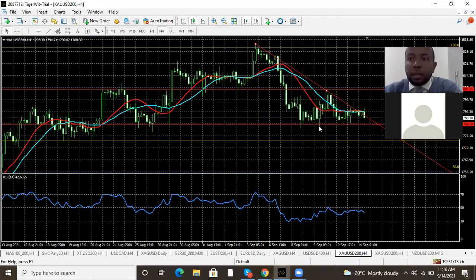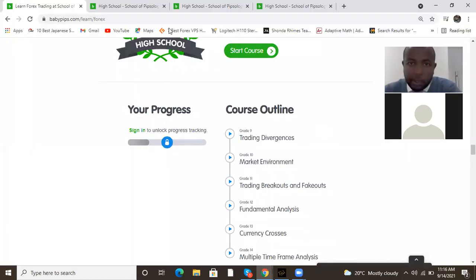Okay, let's get started. So today mostly I'll do divergence. I wanted to do three things: environment and breakouts. But because of time, I'll just touch on divergence today. Here is trading divergence.